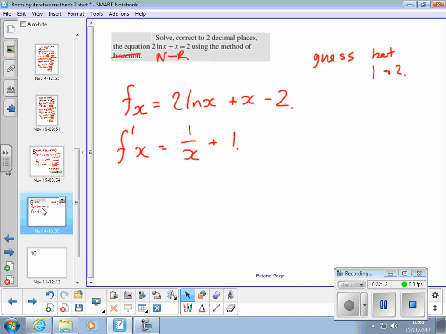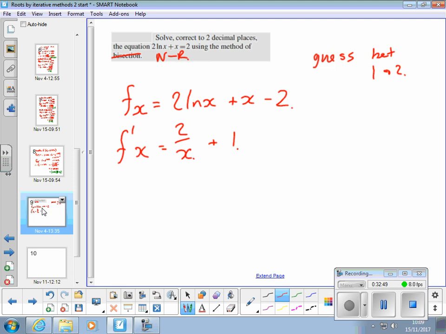What do we do? You can't lose that 2. It's a constant multiplier, isn't it? Differential of ln x.